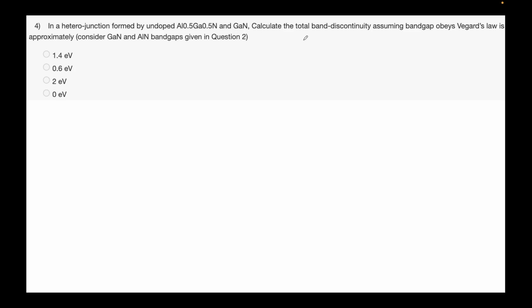So we need to know two things, but first let's call EG1, that of AlGaN, will be 0.5 times band gap of aluminum nitride plus 0.5 times band gap of gallium nitride, and I'm ignoring the bowing parameter again. So this will be 0.5 times 6.2, which is 3.1, plus 0.5 times 3.4, which is 1.7, this will come out to be 4.8 eV.